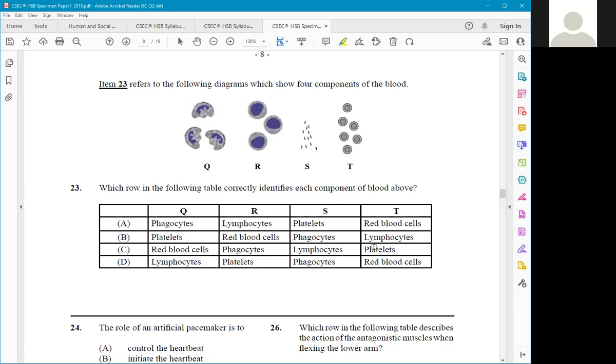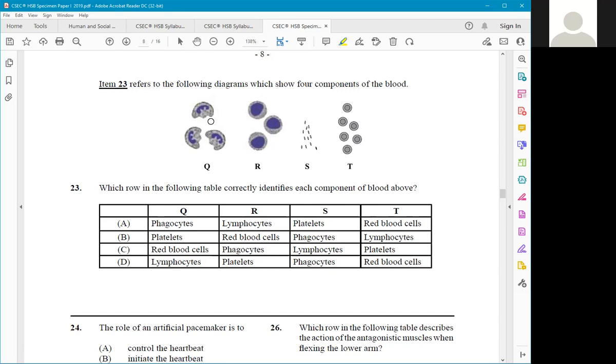Item 23 refers to the following diagram, which shows four components of the blood. Which row of the following table correctly identifies each component of the blood above? So if we look carefully, these look like the phagocytes. Look at their shape, and they have the lobed nucleus with different swellings called lobes.